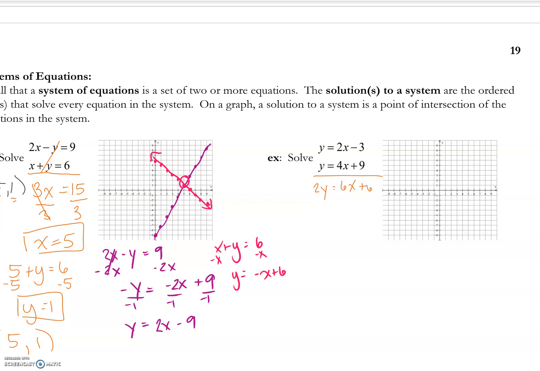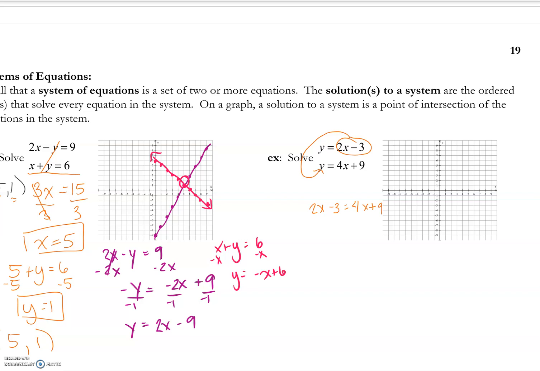None of the variables went away, so it didn't actually make my life any easier. What I can do though is substitute. Since I know that y equals 2x minus 3, I can take what y equals in this equation and substitute it for y in the second equation. So instead of y equals 4x plus 9, I can write 2x minus 3 equals 4x plus 9 and solve for x that way.